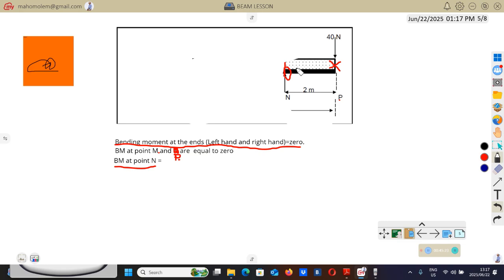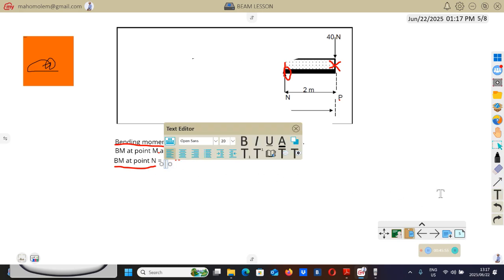When you check on this right-hand side, you will have a force of 40.